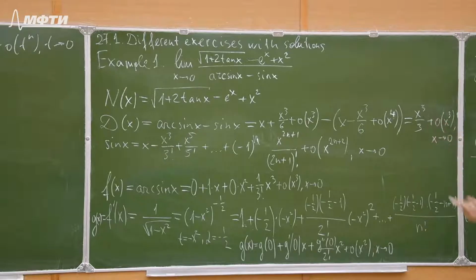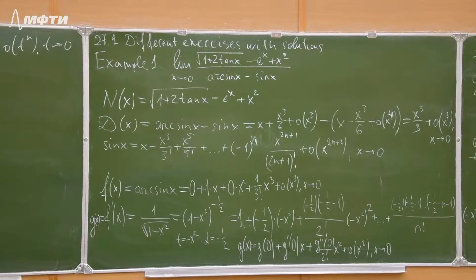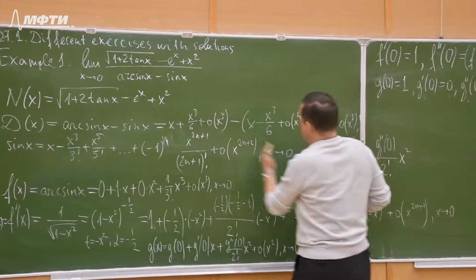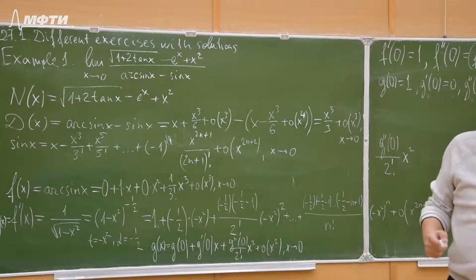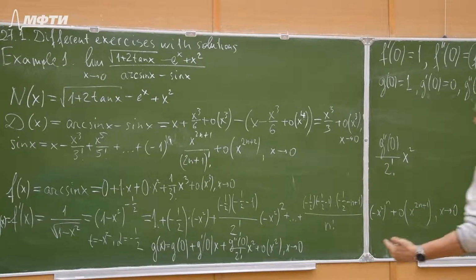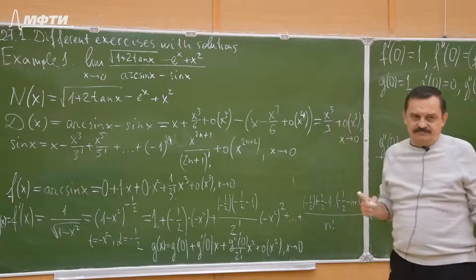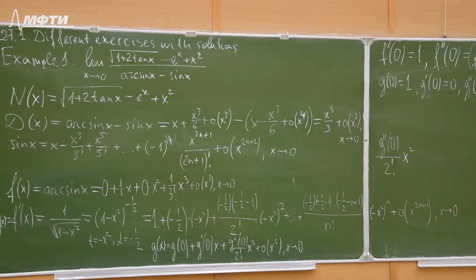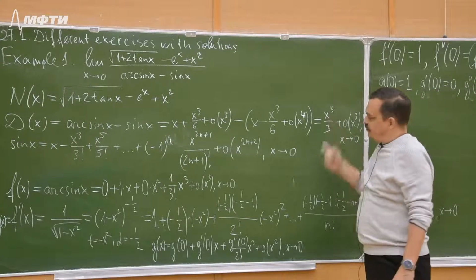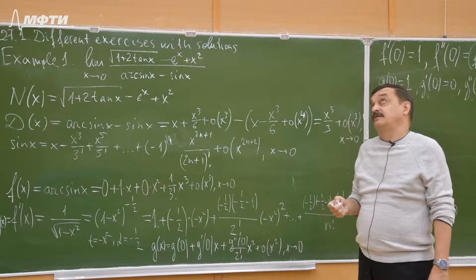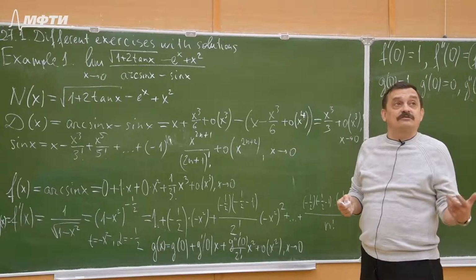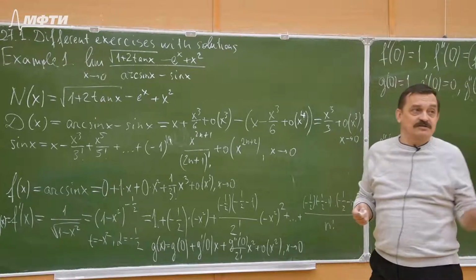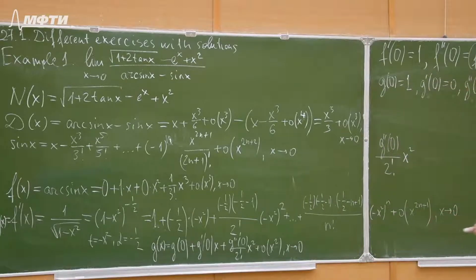And it shows that our decision to stop here was correct. Why? Because what we need is the non-zero coefficient in the smallest power of x.